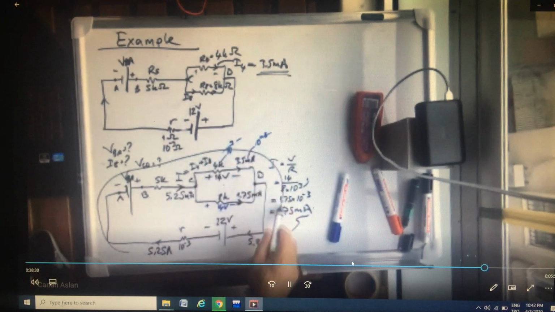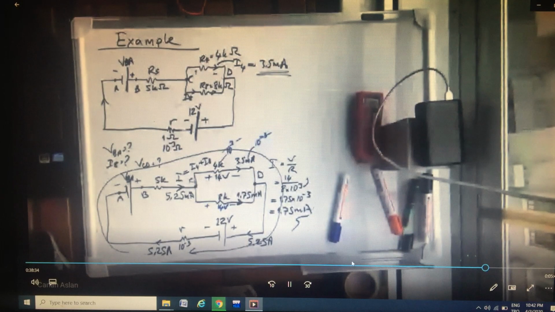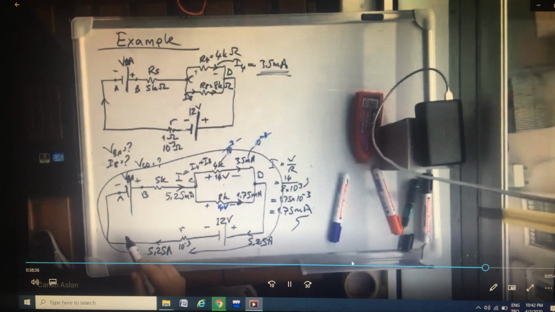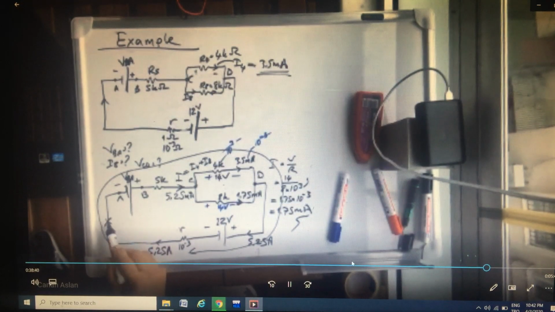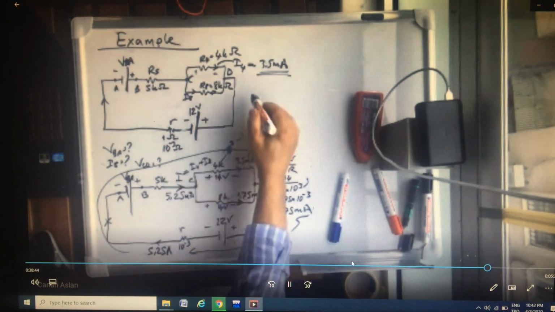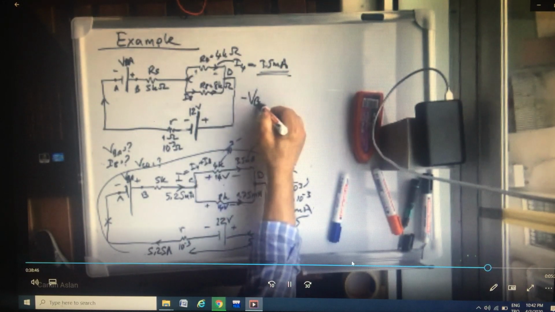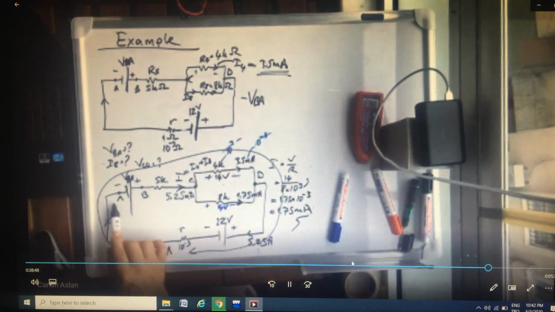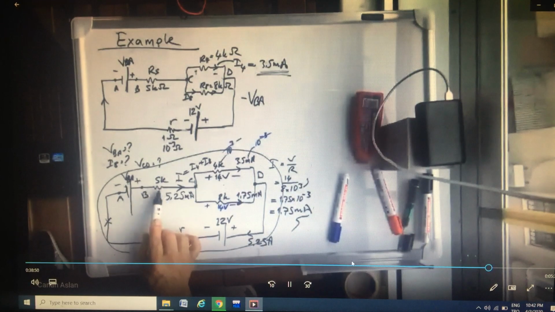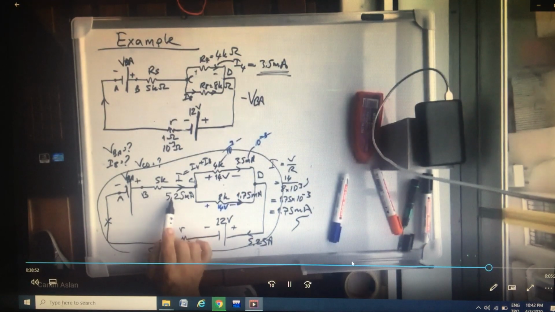Okay, we do outer loop. Okay, we start from this point and continue now. This is minus VBA. Okay, minus VBA. And then 5K, the current is this way.